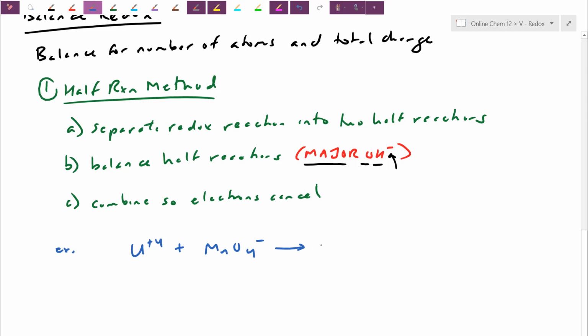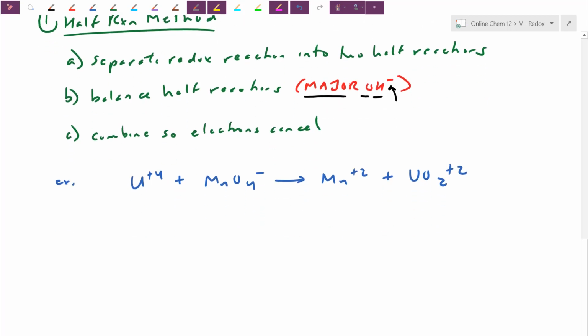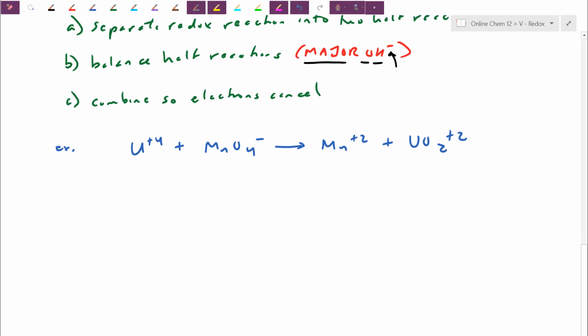So let's say I go from U plus 4, MnO4 minus, Mn plus 2, and becoming UO2 plus 2. Right? They could just be asking you this as a multiple choice question. Who gets oxidized, who gets reduced? We're going to find that balancing is actually fairly tedious.